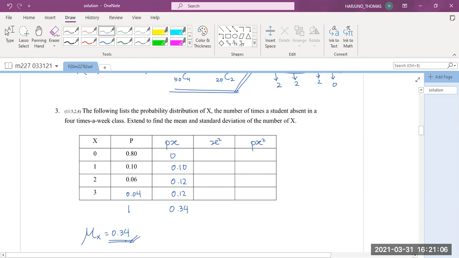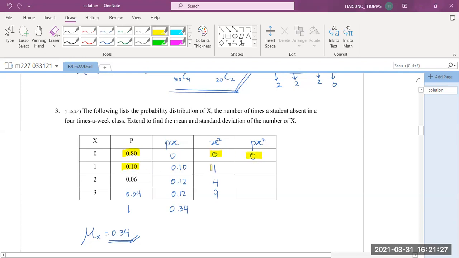Now, how about x squared? I square this: 0, 1 squared is 1, 2 squared is 4, 3 squared is 9. Then multiply by the corresponding probability. This guy times this guy gives me this.